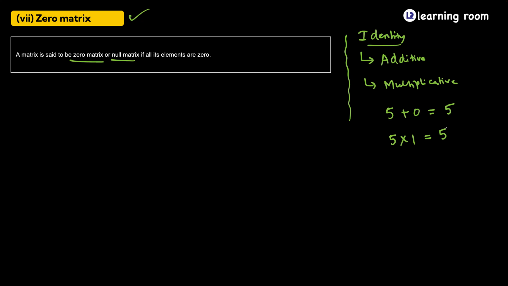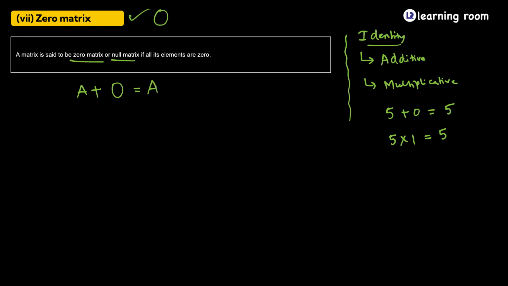In a similar way, when you talk about a matrix, we'll be learning matrix addition and matrix multiplication. Listen to this carefully. If I take a matrix A and add a null matrix to it, the null matrix being represented by the symbol O, I'll get back the original matrix itself. So are you able to relate it to the numbers?